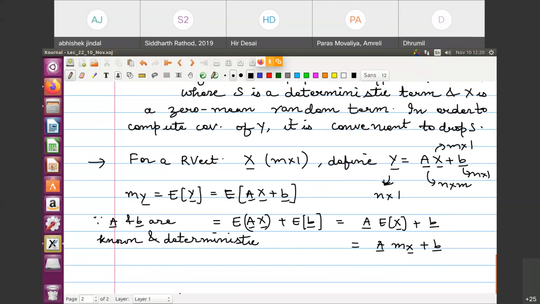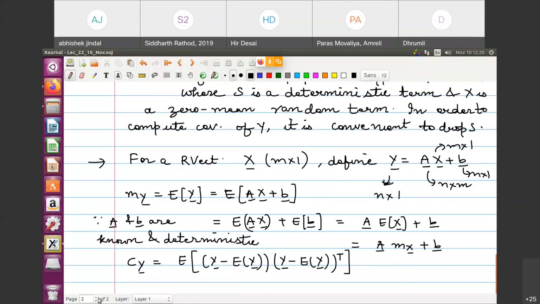Then let us try obtaining the covariance of y. This is given as the expectation of (y minus expectation of y) times (y minus expectation of y) transpose.